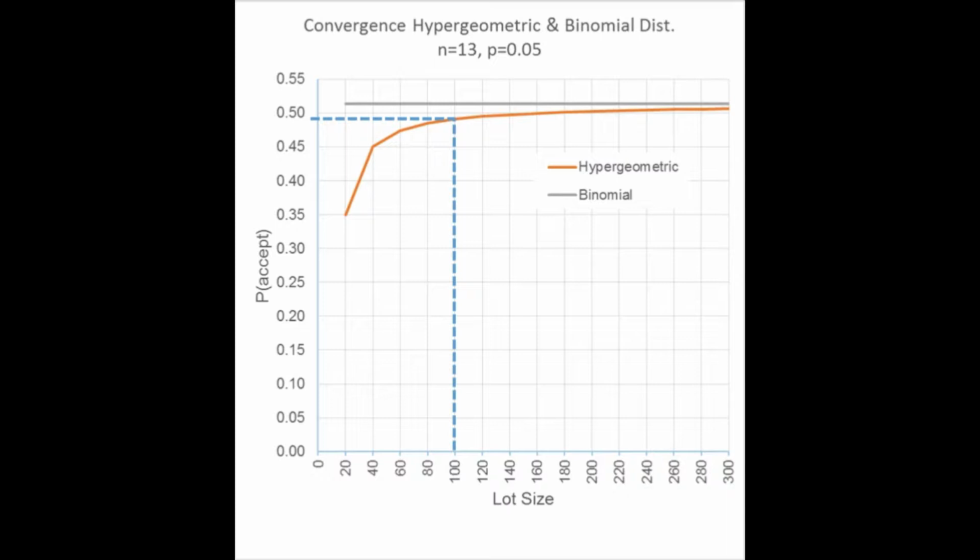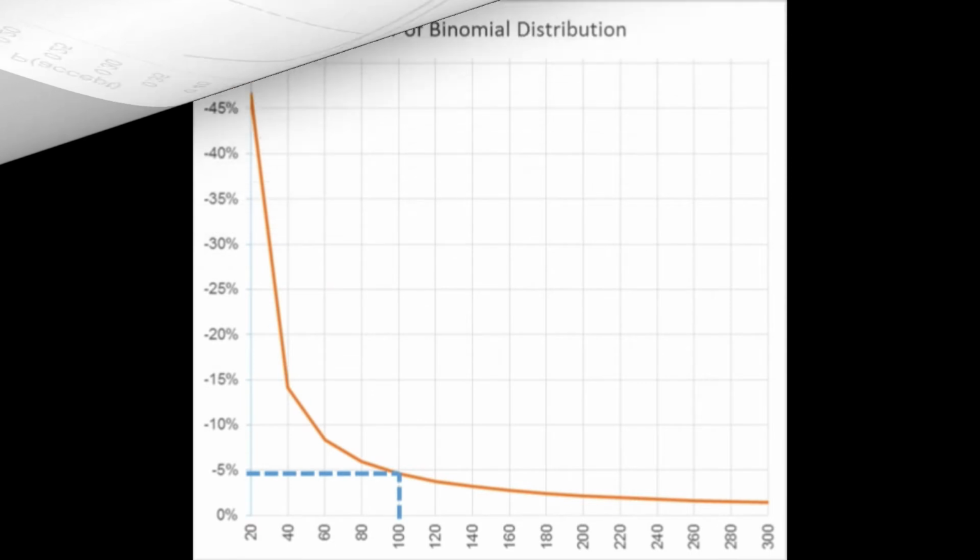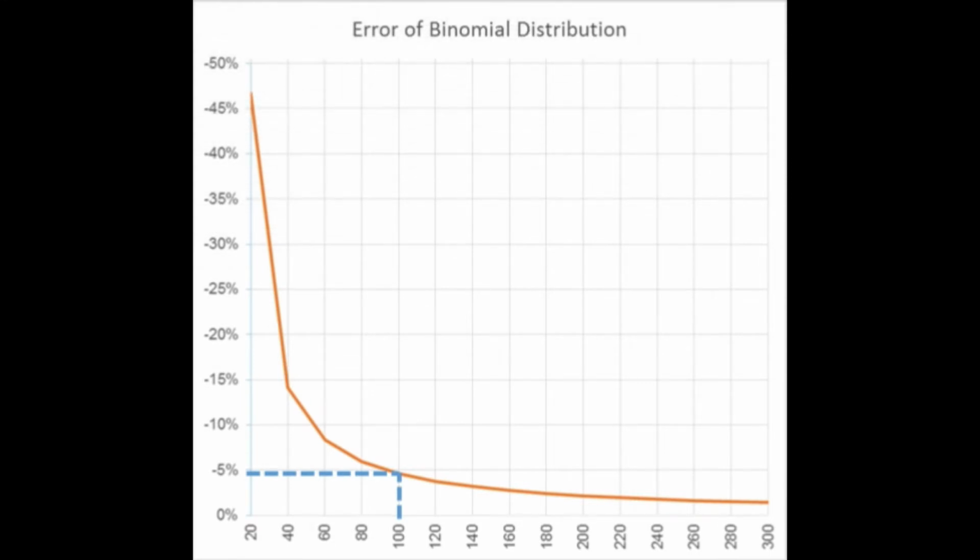The hypergeometric distribution is shown in the red, and you can see the rapid convergence onto the binomial, when in fact at a lot size of 100, which is the point I have identified, the probability of acceptance is very close. It's about 48%. When the lot size is between, let's say, 50 and 100, the error is about 12%. And below 50, you really should start to think about using exclusively the hypergeometric distribution.